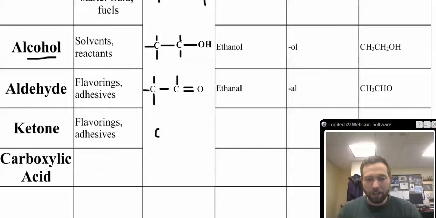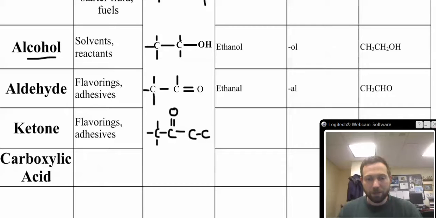So you have a carbon here, and a carbon here, and a carbon here, and a carbon here, right? And these are all bonded together, all happy. But in a ketone, one of the middle carbons, instead of the end, will have the double bonded oxygen there. You'll have hydrogens all around these carbons, right?